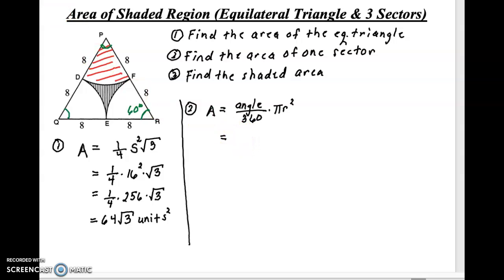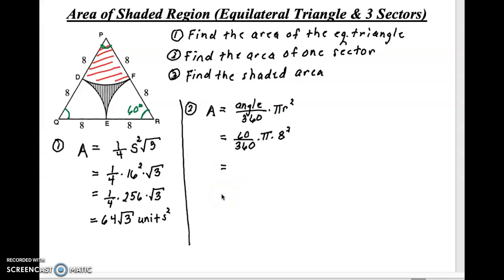So when I plug it into my formula, it's going to be 60 over 360 times pi times the radius. Now, if we're just looking at the red shaded circle, the radius is going to be 8 units. So we're going to do 8 squared.